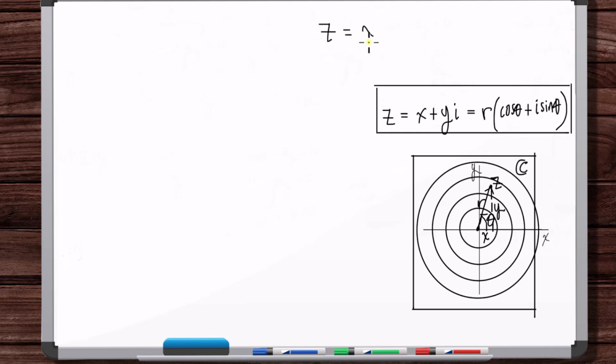That's the most common way you use it. It's going to be extremely beneficial if you're trying to take a power of this or find a root of this, right? That's really what we're trying to do, find roots of complex numbers. It's going to be extremely beneficial to first convert to polar form, then do the operation, get the answer, then convert it back.